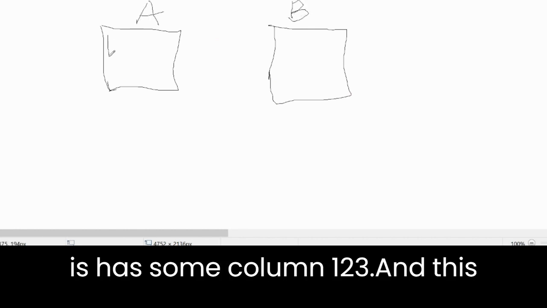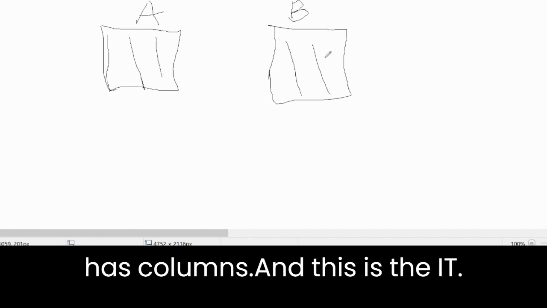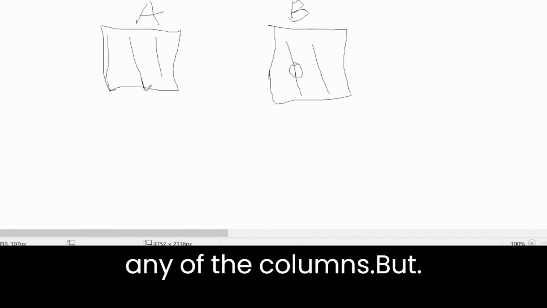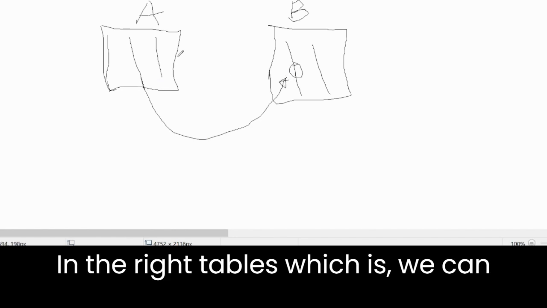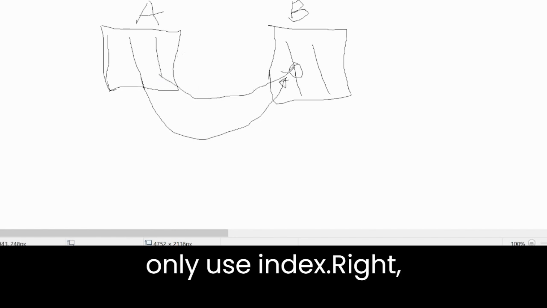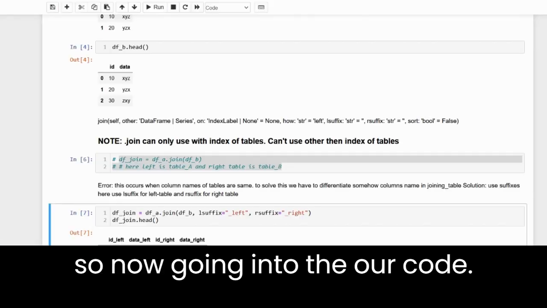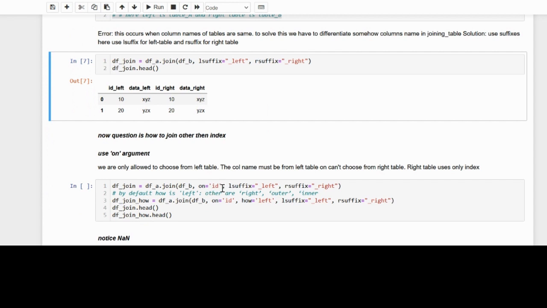This has some columns 1, 2, 3, and this is the ID, this is the index of the tables. We can use any of the columns in the left table, but in the right table we can only use the index, right?